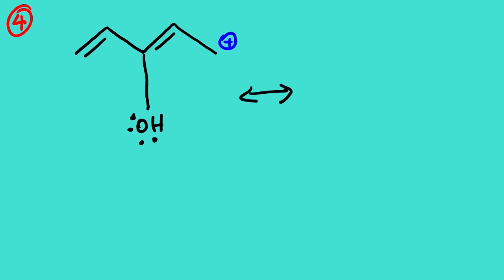So the first thing that we can do, we can take this pi bond and bring it here, and then the new position of the charge will be actually here.